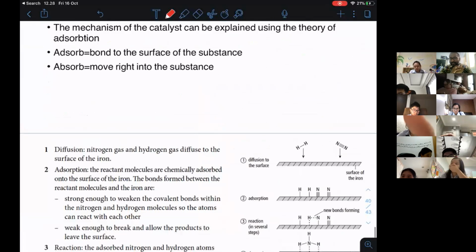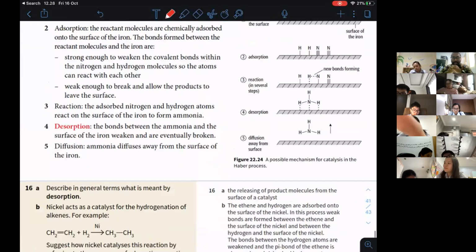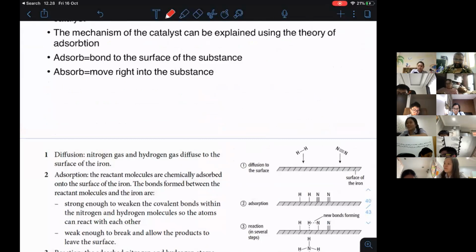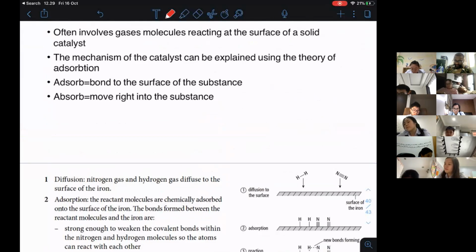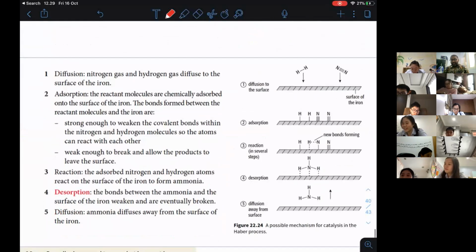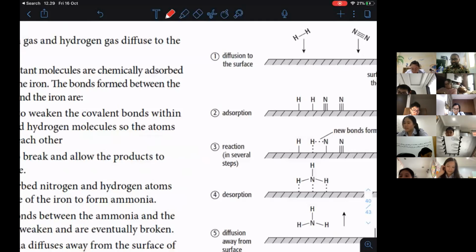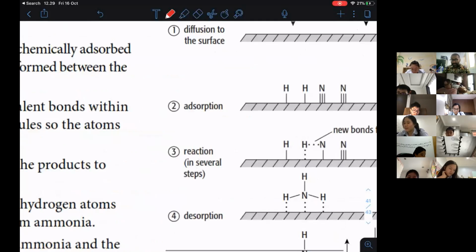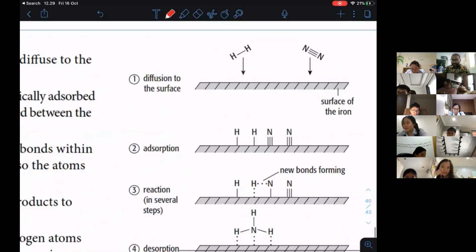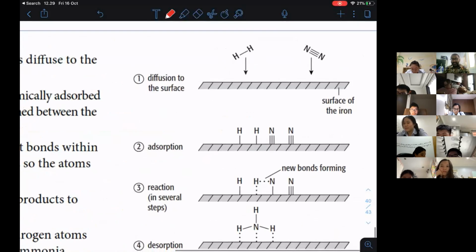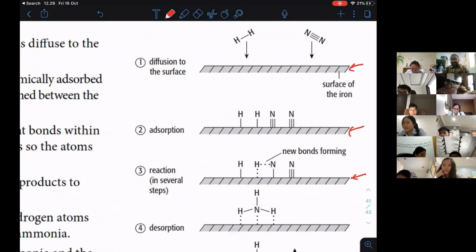This catalyst is something where you have adsorption, bonding to the surface. You can see from this diagram how the catalyst works. For a heterogeneous catalyst, it provides a suitable place for the reactants to bond, and then they break the bonds between each other.